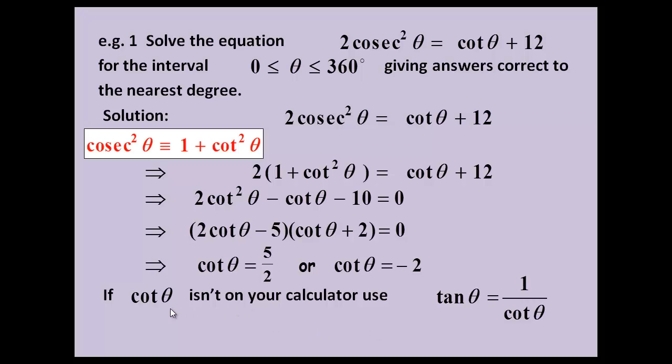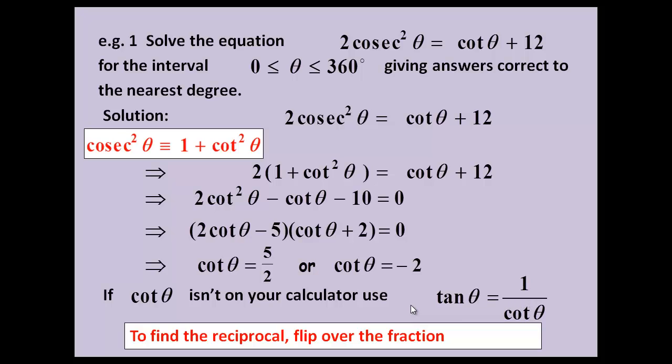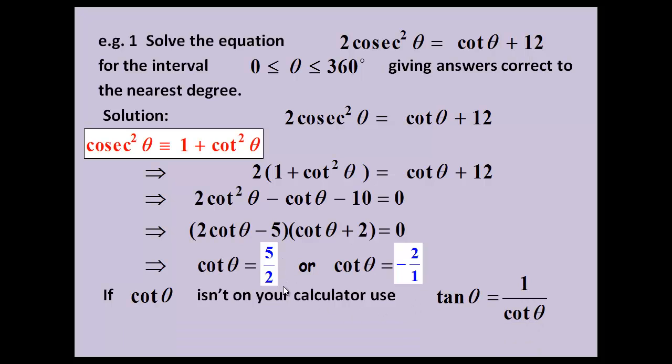We don't have these reciprocal ratios on the calculator, so we flip them, we turn them into tan theta, remembering that tan theta is 1 over cot theta. So we flip the fractions and we get 5 over 2, minus 2 over 1 going to 2 over 5 for the tan and minus a half.